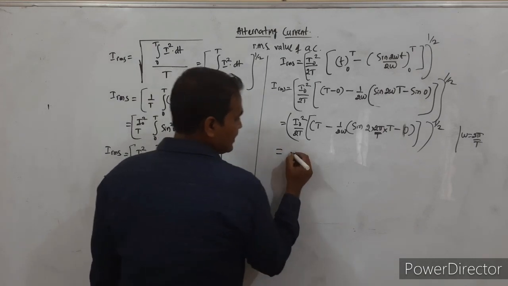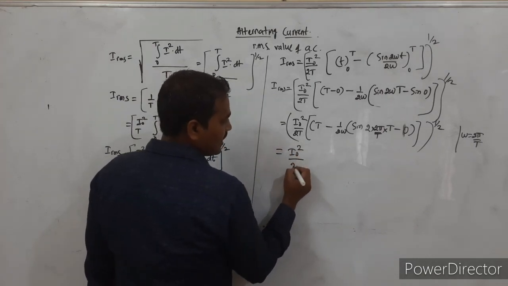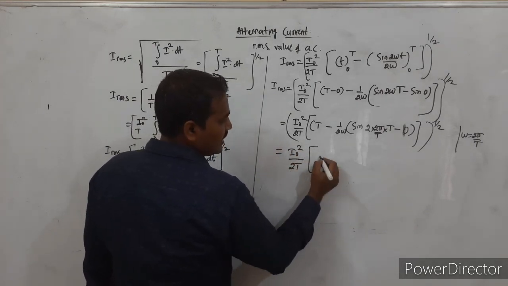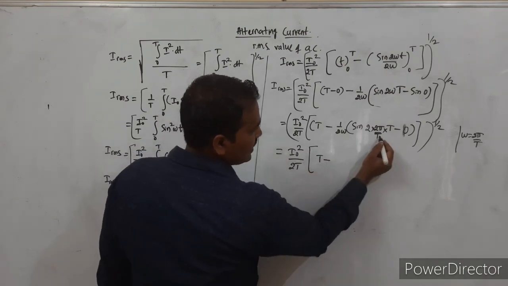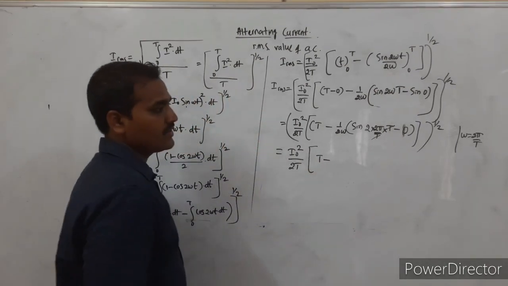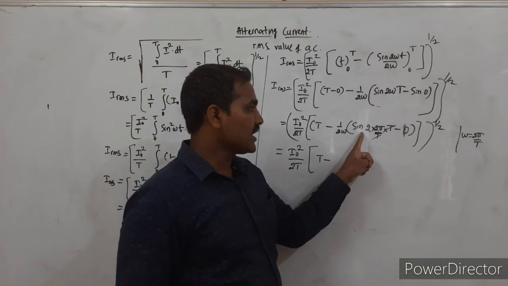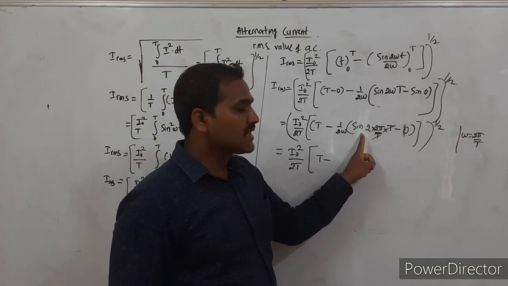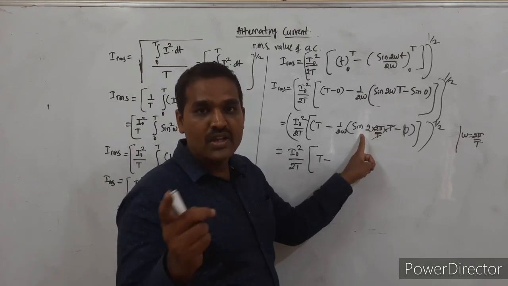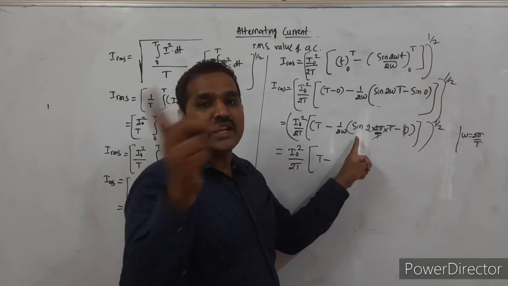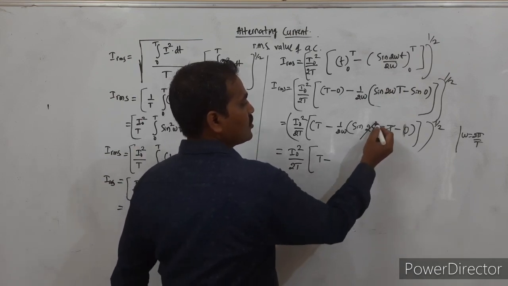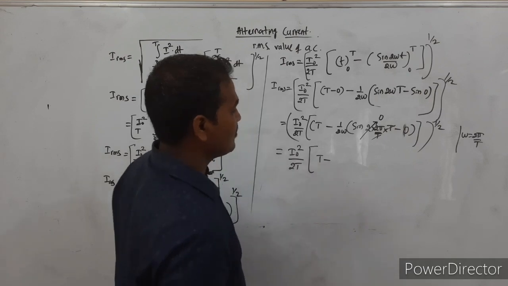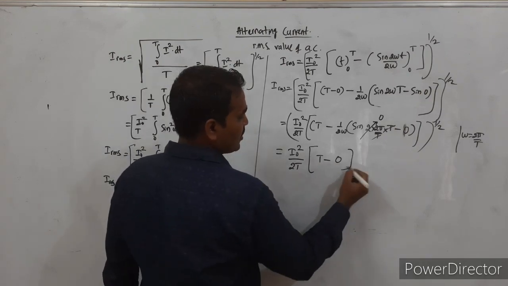I write it as I naught square divided by 2 times T, inside bracket T minus, this T gets cancelled here. So here I will remain with the sin of 4 pi. What is sin of 4 pi? That is again 0. Sin 0, sin 2 pi, sin 4 pi, sin 6 pi, all those values are equal to 0. So this term becomes equal to 0, the whole term becomes equal to 0.